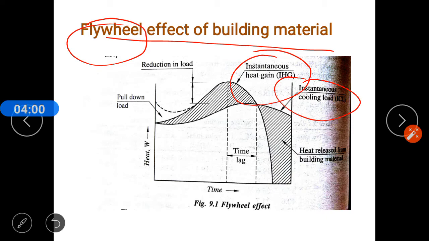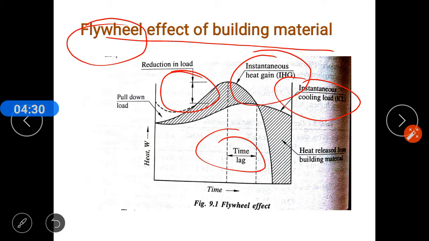The heat which is striking the surface is not directly transferred to the conditioned space, and therefore there is a reduction in ICL. So from the figure it is clear that there is a reduction in load, and there is a time lag in the peak load due to the storage effect of the building material.